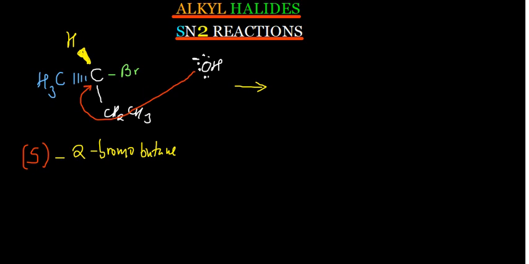Now, when this OH attacks the carbon in the middle there, what are we going to be able to see? Before the final product, we are going to have the transition state, the state when we have this bond just starting to form with this compound. So we're going to see the OH, I'm going to put it this side, and then we are going to show dotted lines because the bond is not fully formed.